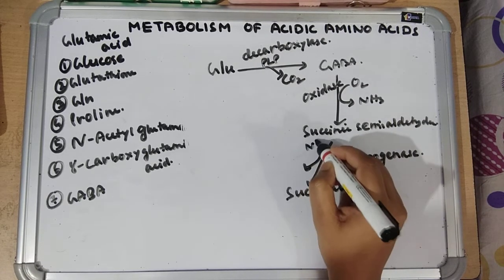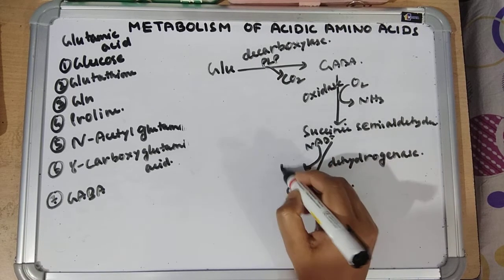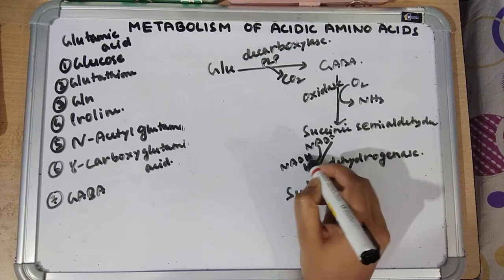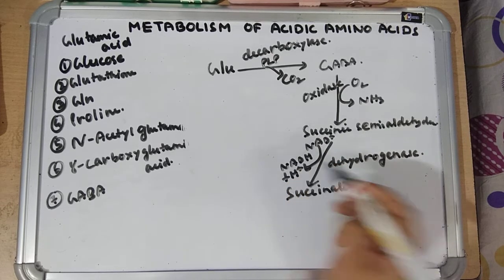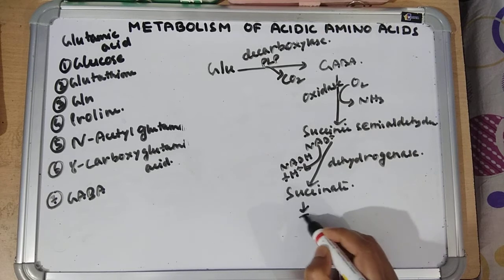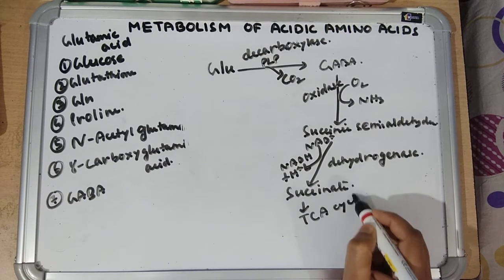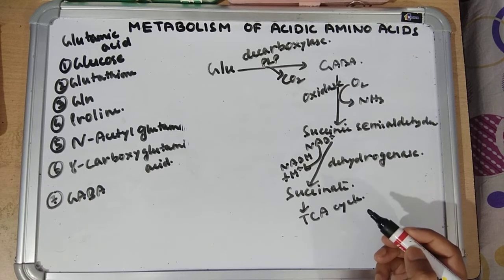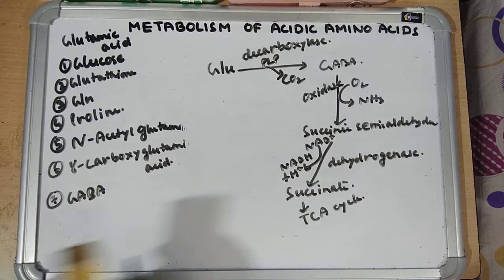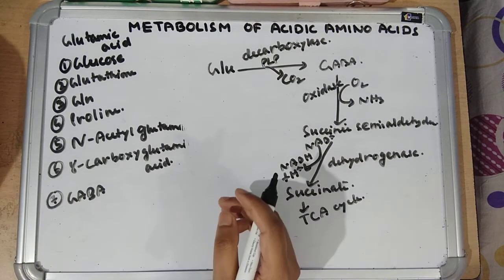NAD is required. This succinate can enter the TCA cycle and it can form glucose. This is another way by which it can form glucose.